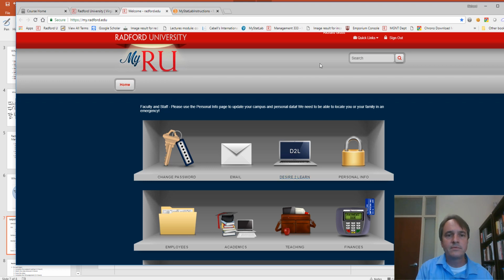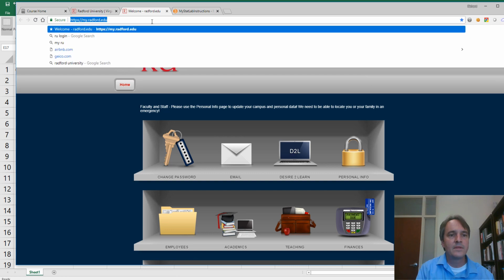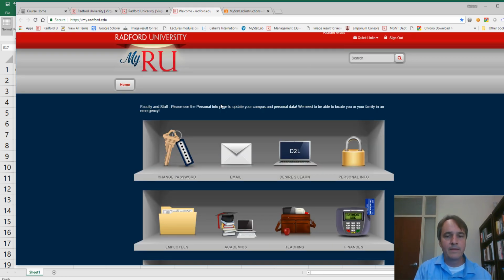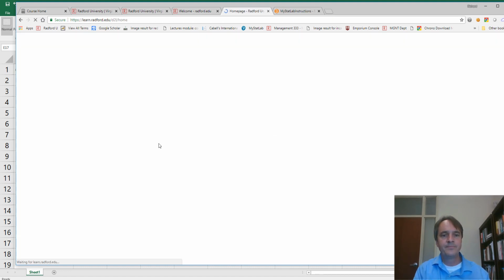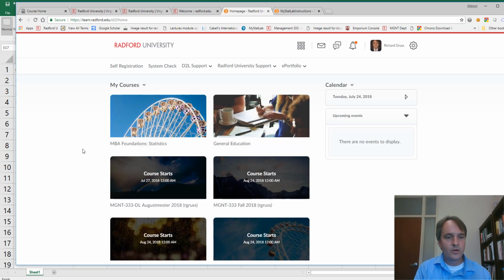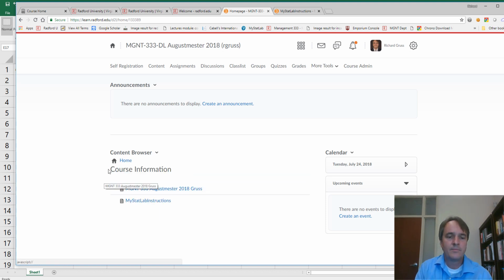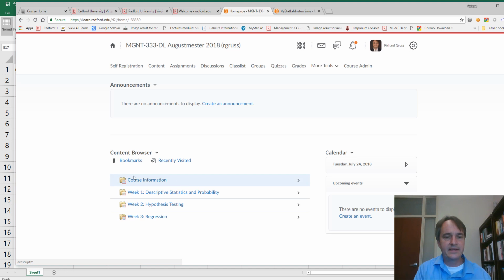So let's go ahead and just start on the Radford homepage. Go to My RU. So over here on D2L, Desire to Learn, you log in. And the course is here. Okay, so under course information, you'll find the syllabus and the MyStatLab instructions, and then you'll notice that the course is divided into 3 weeks.